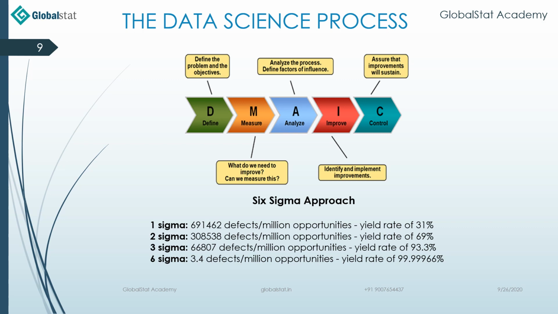Yield rate 69%. Three sigma: 66,807 defects per million opportunities. Yield rate 93%. Six Sigma approach: it's 3.4 defects per million opportunities. Yield rate is 99.99%.